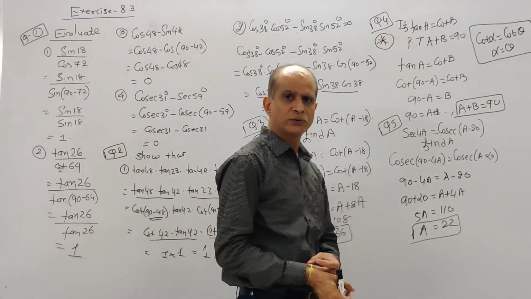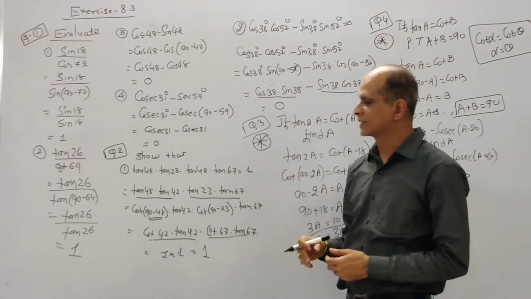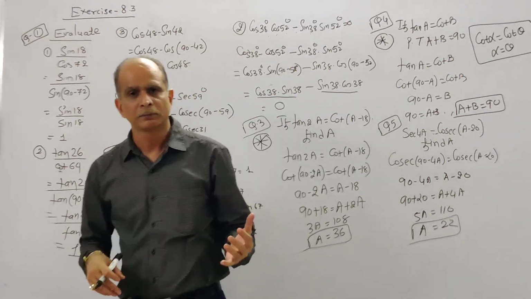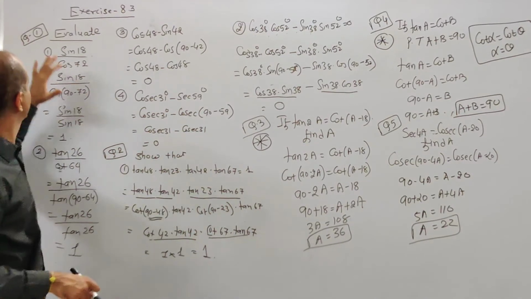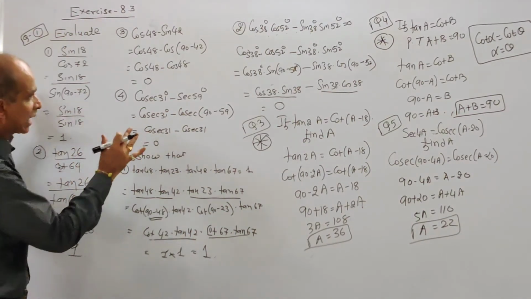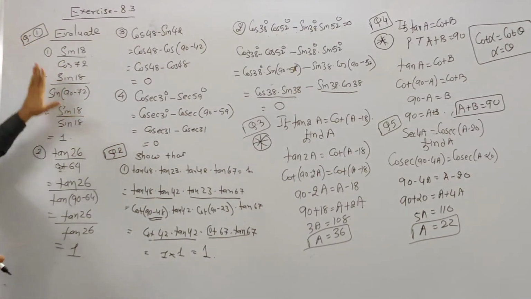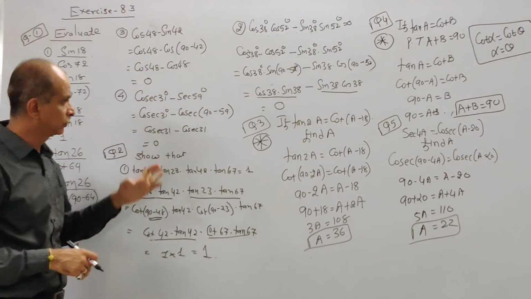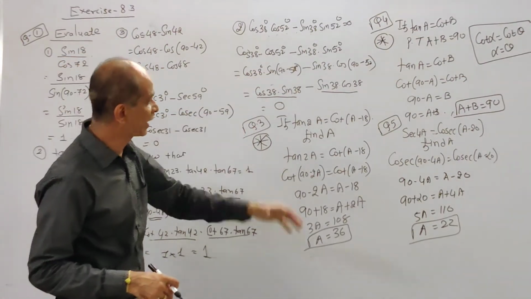In 8.2 you used formula number 11. In this exercise we have used formula number 10. Only 7 questions are there in this exercise 8.3. I have already solved 4 examples of question number 1, 2 examples of question number 2, as well as examples 3, 4 and 5.